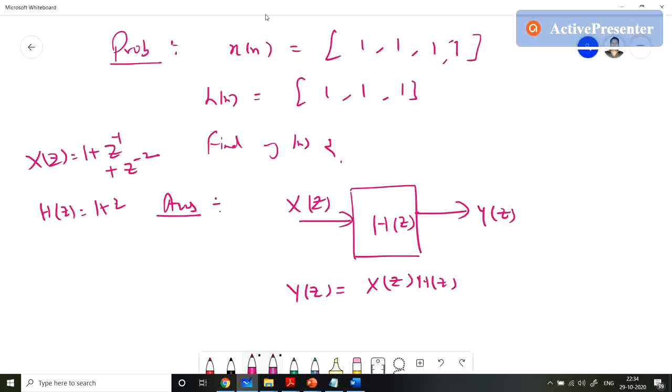Similarly H(z) is 1 plus z^-1 plus z^-2. Then Y(z) is the multiplication of these two.